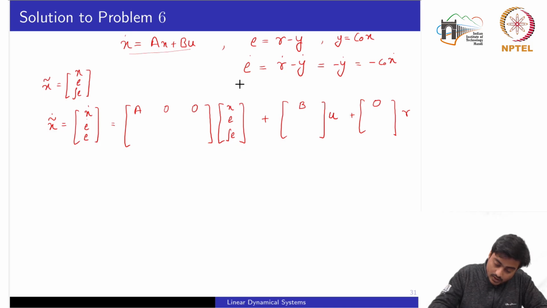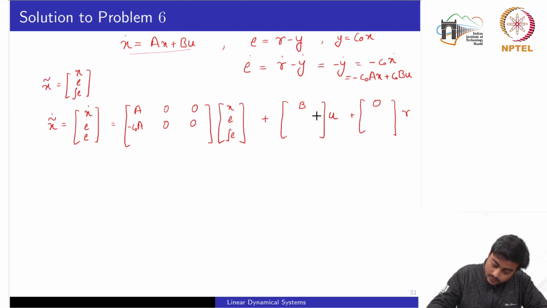The second equation, e dot, I can express as minus c naught times x dot, which I can write as minus c naught a x plus c naught b u, by putting x dot from here to here. So if I write the equation of e dot, we would get minus c naught a, and we don't have any relationship with e and the integral of e.